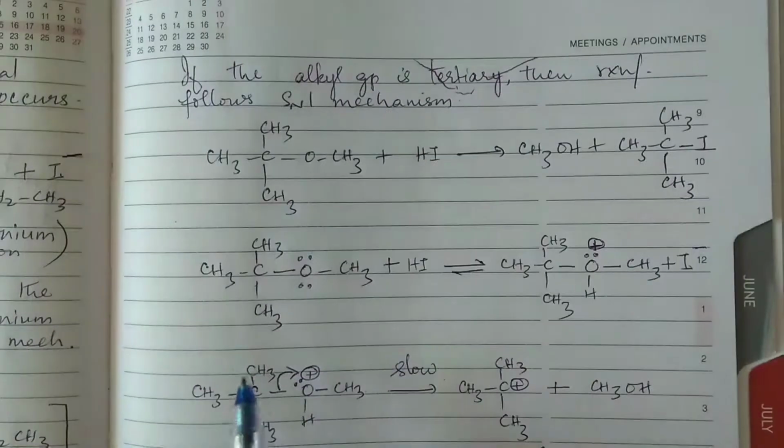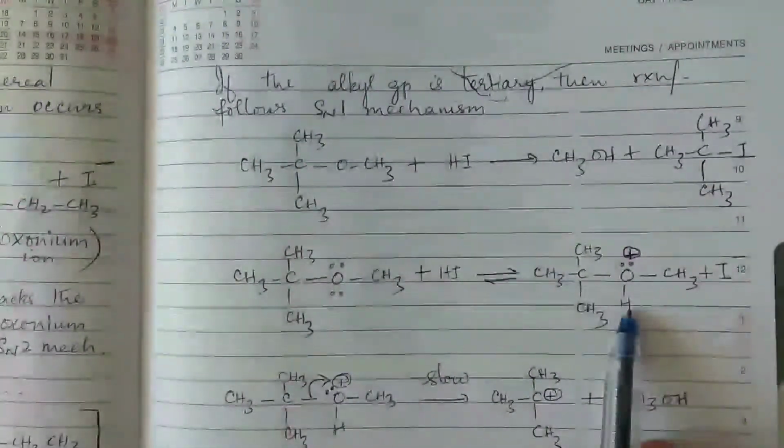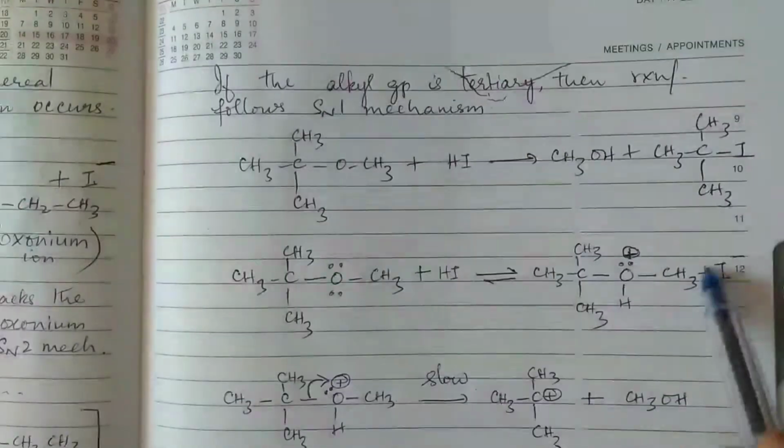Let us see. Now what is the initial step? Protonation. In protonation, the hydrogen attaches through the lone pair of O. After it is attached, now you see what is going to happen. This is the tertiary butyl group and this is the methyl group.